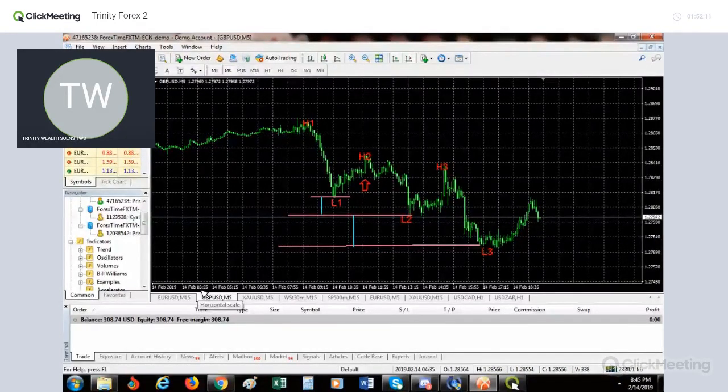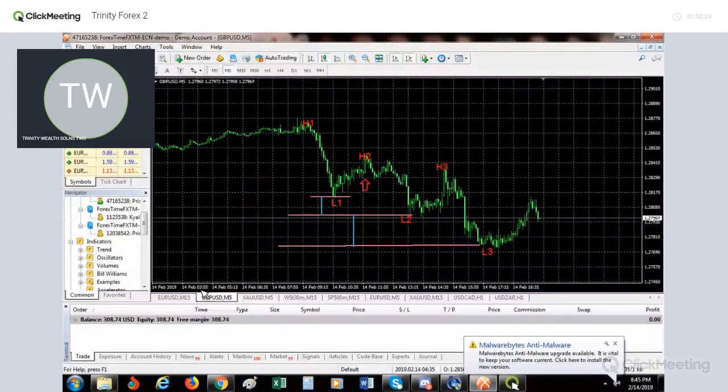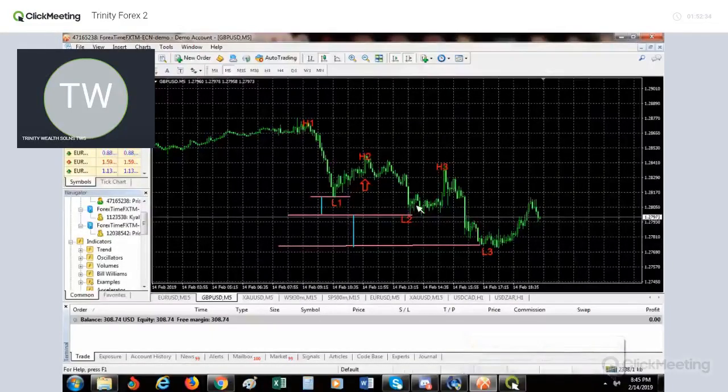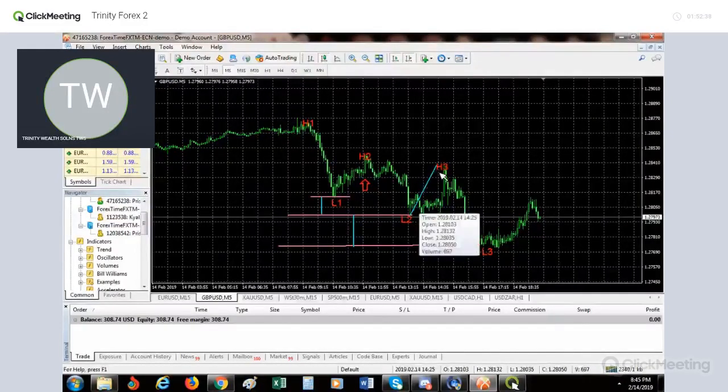You can see the light blue lines. They are measuring the distance from one low to the next. You notice the difference between L1 and L2 is so small. Look at these lines, it is shorter than the distance between L2 and L3. So when L1 to L2 is so small, we expect a deeper correction from L2 to the next high, and we achieved that.